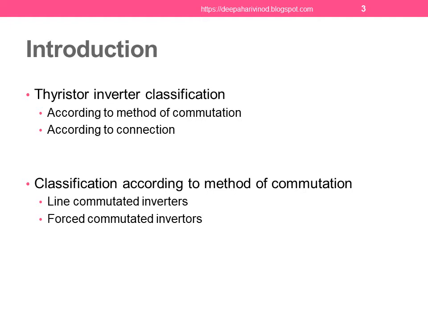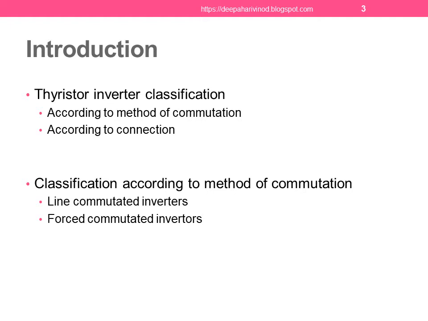We have already studied that in the thyristor commutation techniques. When the current through the SCR becomes zero, the SCR is commutated. This process we call natural commutation. The inverter based on this principle is called a line commutated inverter.